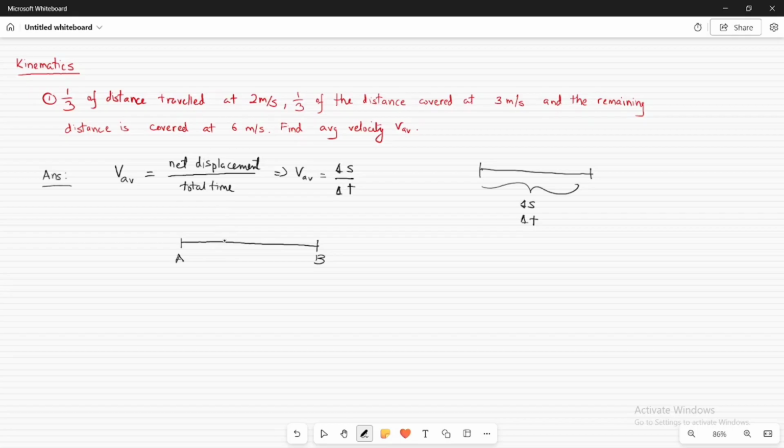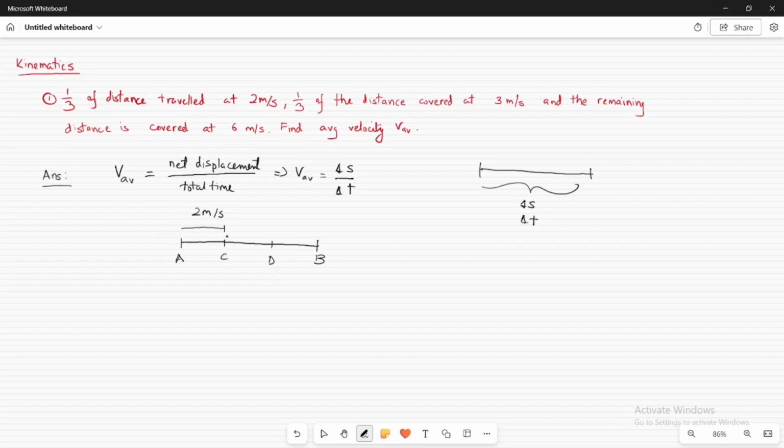So, one third, from point A, AC is one third of the distance, and it is traveled at 2 meters per second.